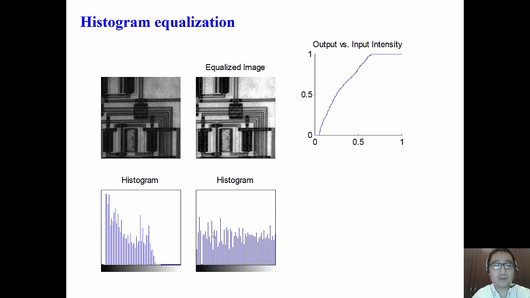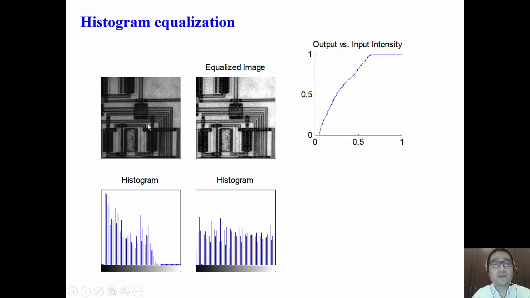In this histogram, the horizontal axis represents the intensity, and the height of the vertical bars represents the number of pixels at this intensity. So if you have a picture like the top left one, a relatively dark picture, you expect to see a lot of high counts in the lower intensity range, just like what you see here.